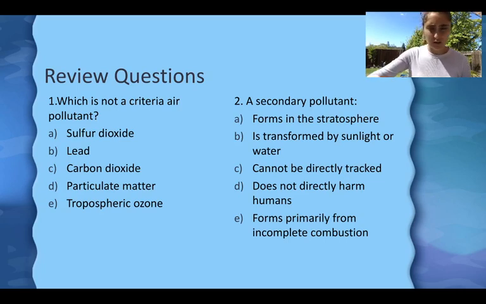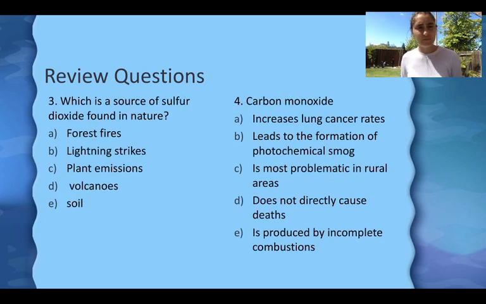B is the correct answer there. And then, which is a source of sulfur dioxide found in nature? D would be the primary example there. Volcanoes. And carbon monoxide increases lung cancer rates, leads to the formation of photochemical smog, is problematic in rural areas, does not directly cause death, or is produced by incomplete combustion. So E, is produced by incomplete combustion, is the correct answer there.